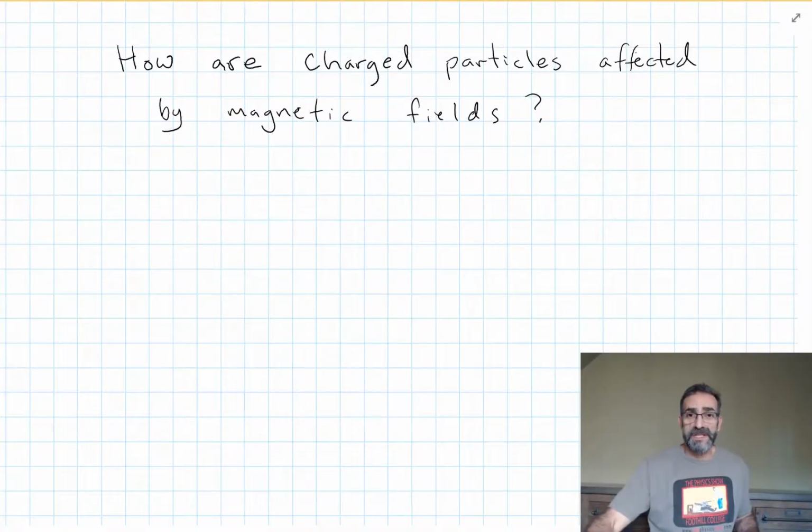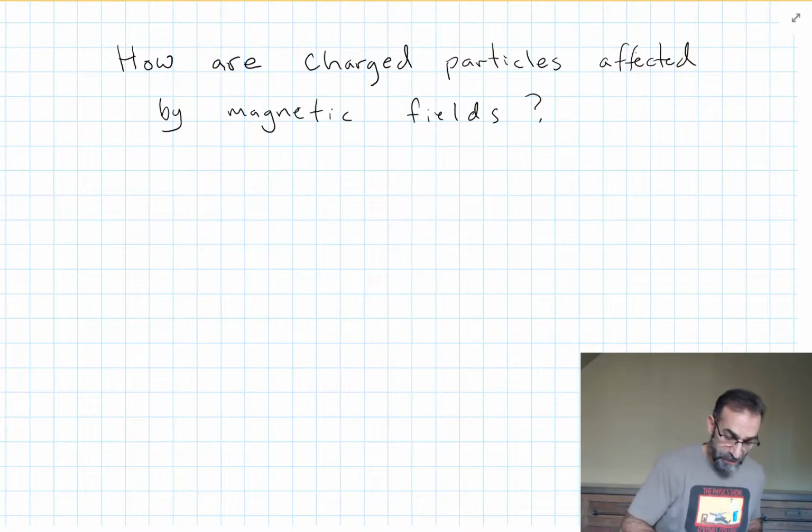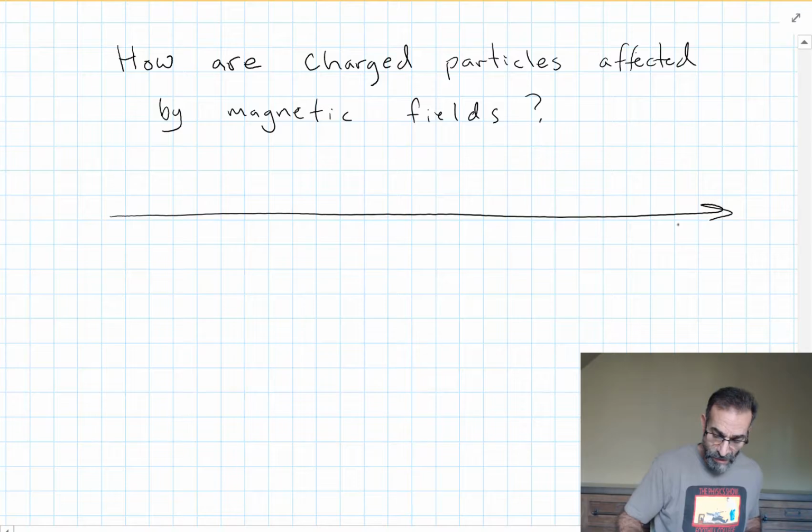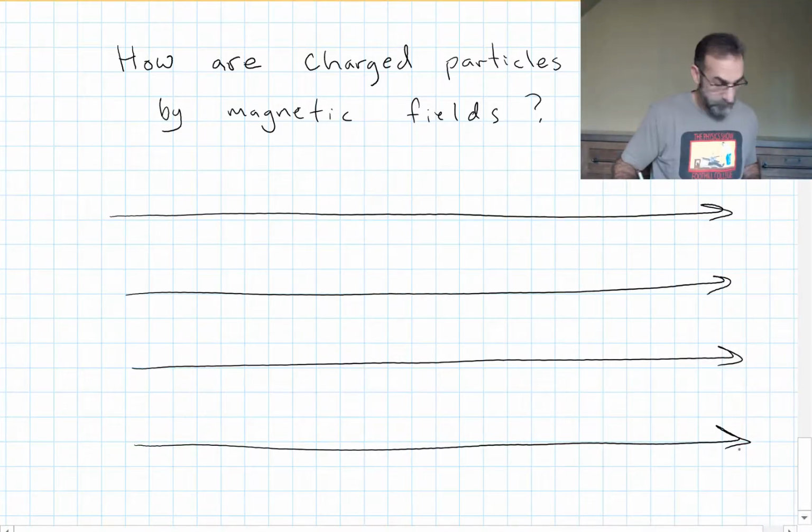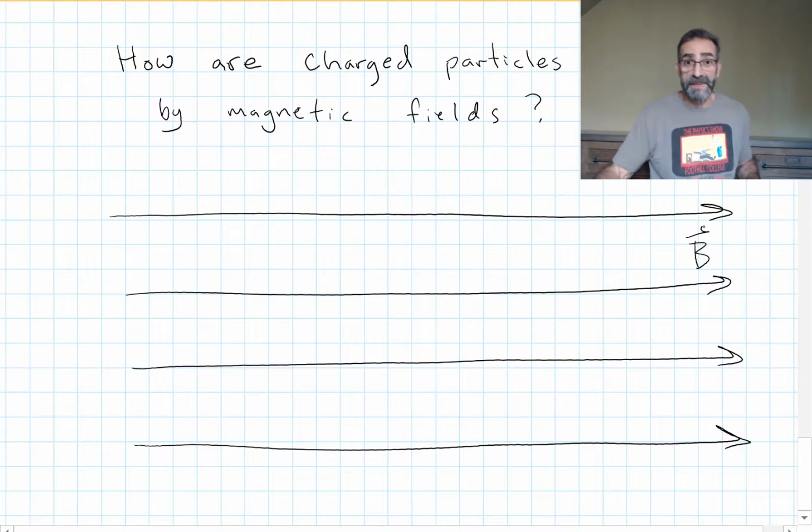One of the first questions we want to answer is, how are charged particles affected by magnetic fields? If we have a uniform magnetic field in this region of space, I'll have mine pointing to the right. And this is our magnetic field, and we use the symbol B, a capital B, to indicate a magnetic field.